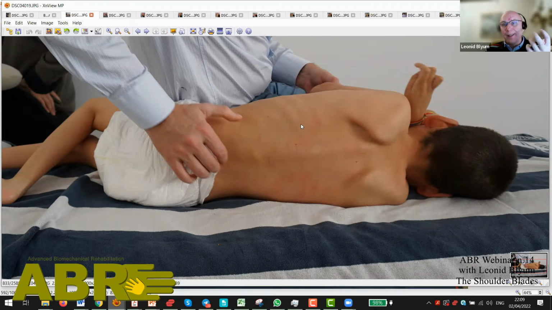So you don't have the image that this is really their true depth, right? So you don't have the image of the dorsal thickness in this image. So that's what we are looking at here.